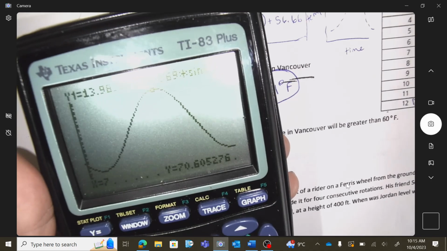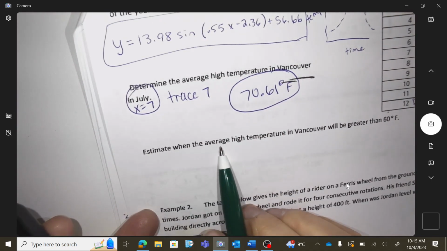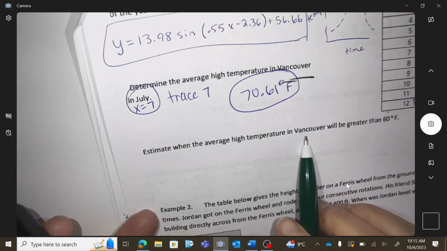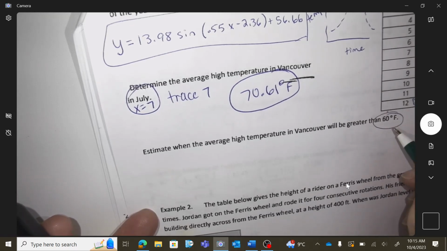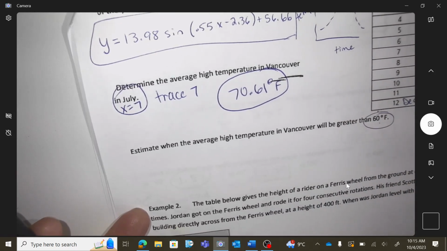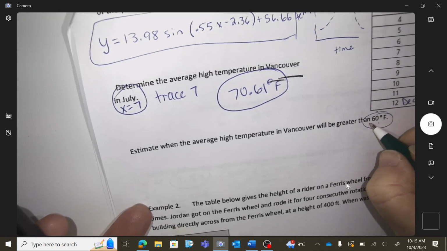Okay, trace 7. Now, estimate when the average high temperature in Vancouver will be greater than 60 degrees. So what are we going to do there? Y2.